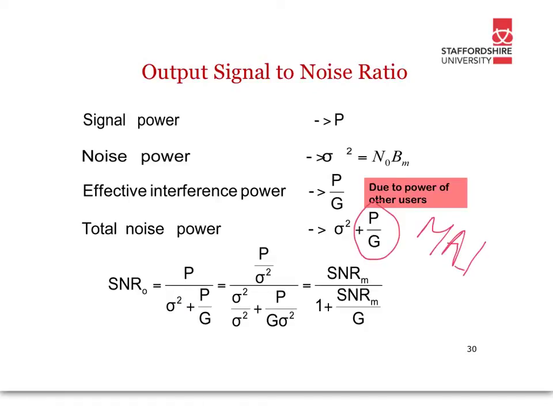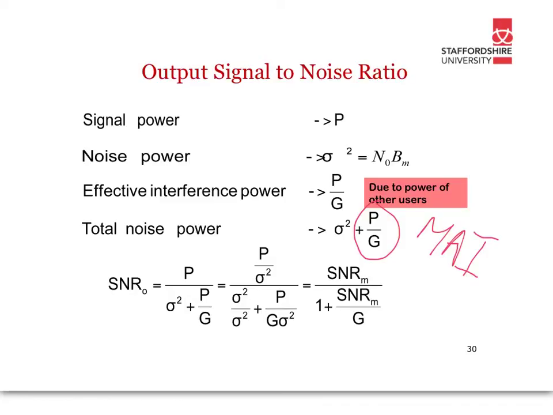So the signal to noise ratio at the output is given by P, the signal power, divided by the total noise. So this is the addition of the noise and the multiple access interference: P over sigma squared plus P over G.